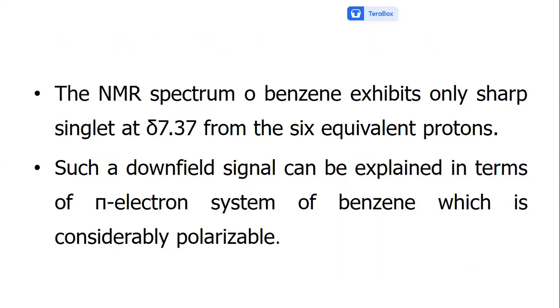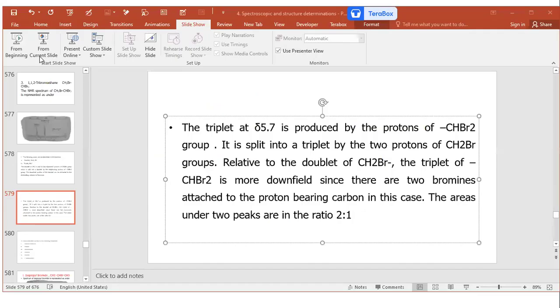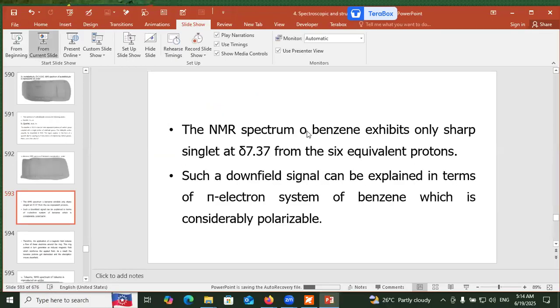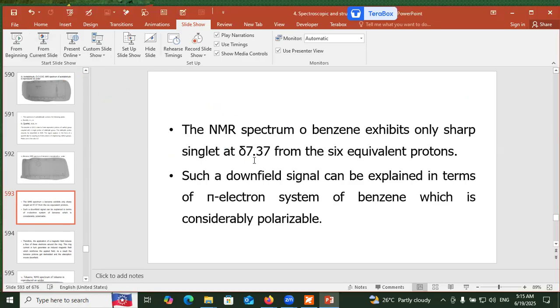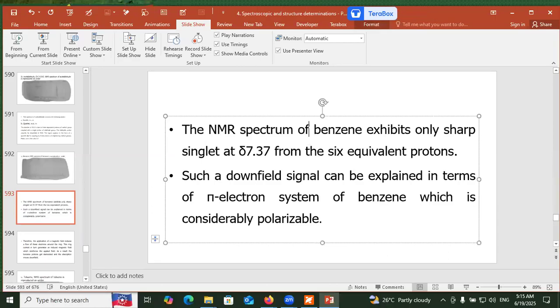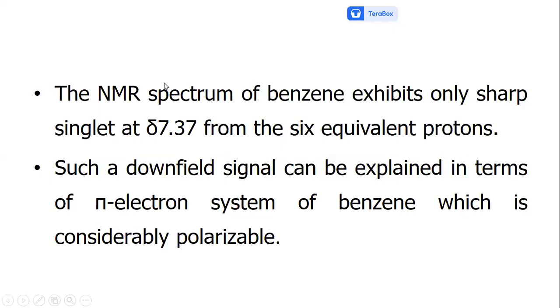The NMR spectrum of benzene shows only a sharp singlet at 7.37 from the 6 equivalent protons.